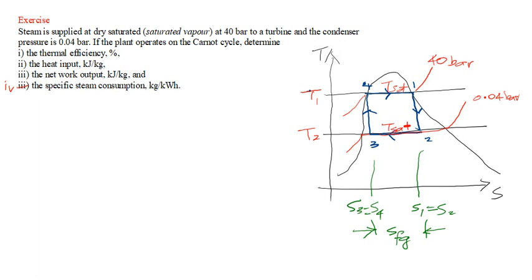Now to answer the first question, it's a very simple question, just to get an idea of the Carnot cycle. To get the thermal efficiency, in this case for a Carnot cycle, it is equivalent to 1 minus the low temperature, which right now is T2, divided by the high temperature, which right now is T1.